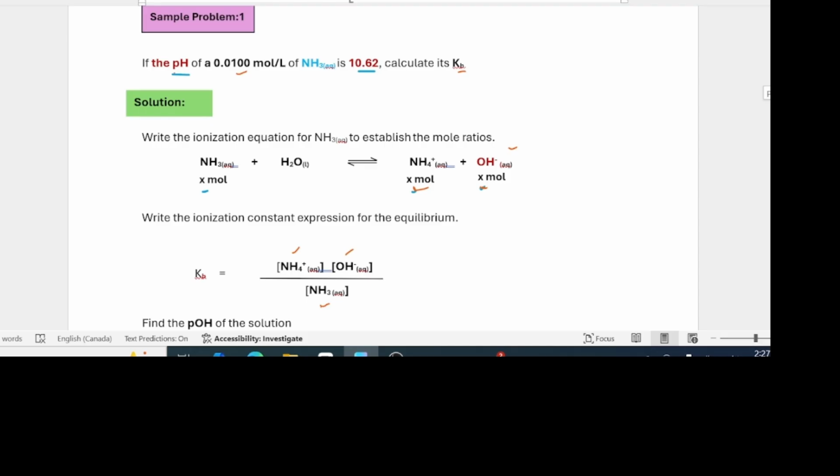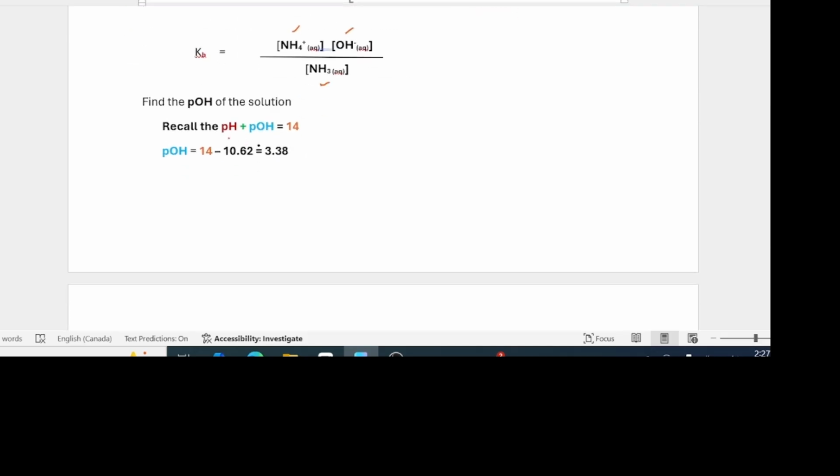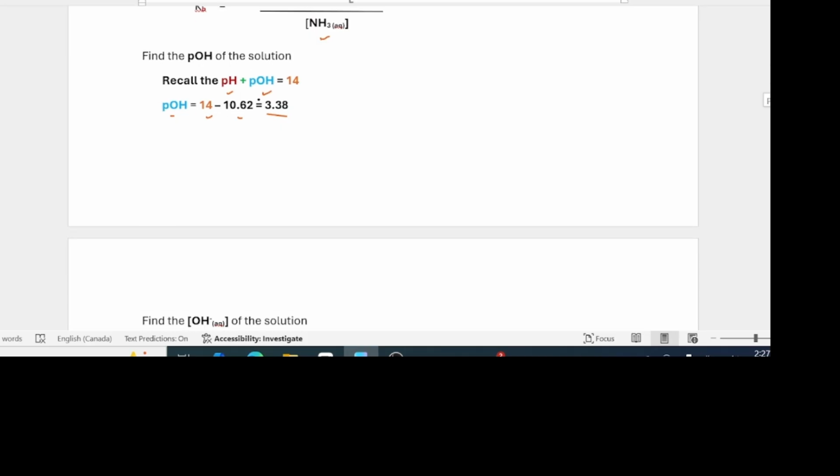We know pH. We can know what pOH is because, if you can recall, pH plus pOH is equal to 14. Therefore, pOH will be equal to 14 minus pH and is approximately equal to 3.38. So that's pOH. Now from pOH, we know how to calculate OH concentration.